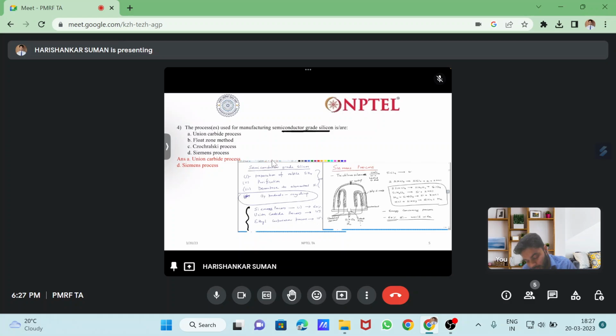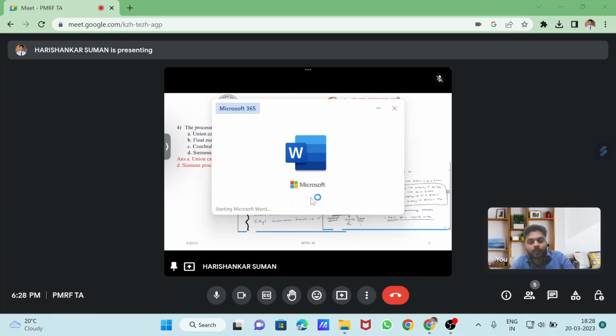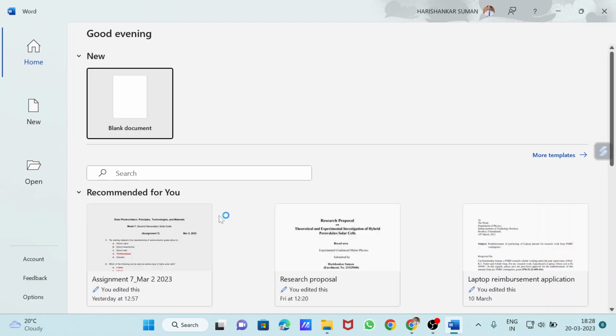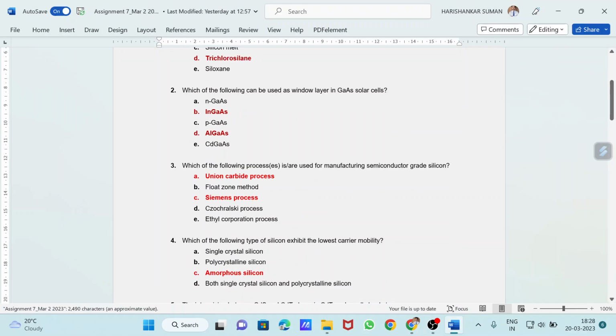Sir, in assignment number 7, question number 3, I think there is something wrong. Which of the following processes are used for manufacturing semiconductor grade silicon? The options are Siemens process, Union Carbide process, and Ethyl Corporation process, but in the answer only the Siemens process and Union Carbide process are shown. My one mark is deducted.